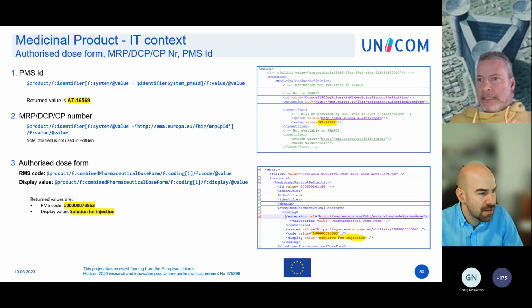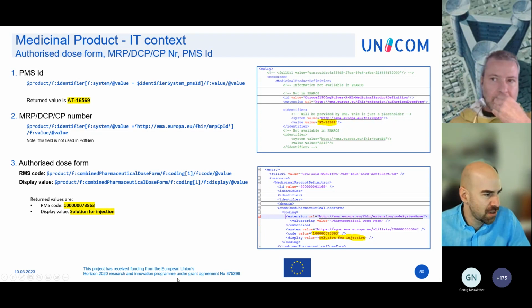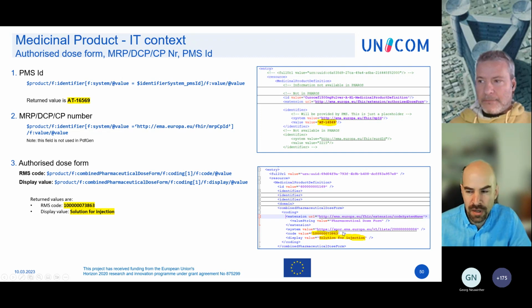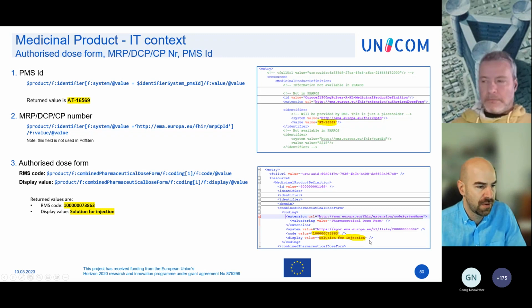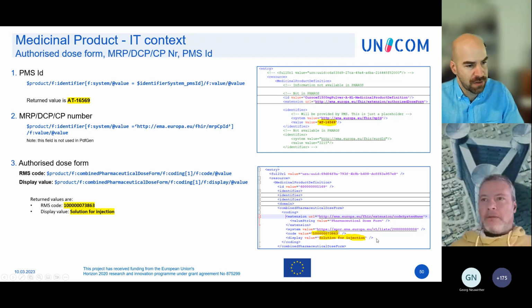And then, just to mention, this is what we introduced in the XML message to make it more readable. Before we had only the RMS code in there, but even in our own tests, we realized it is useful to also have the text in there. So you don't actually have to look up RMS if you don't want to. You can just show the text of the term, because it will always be contained.